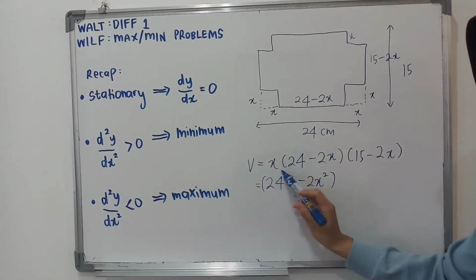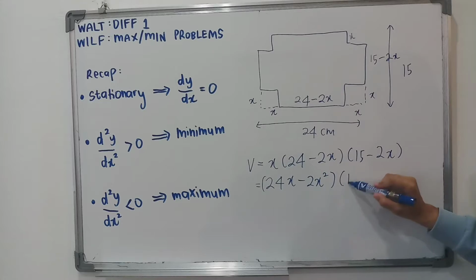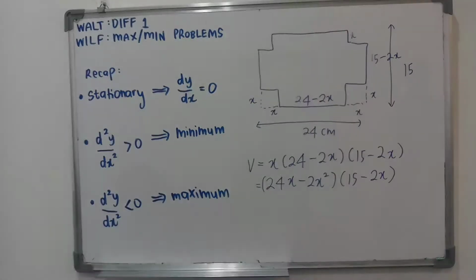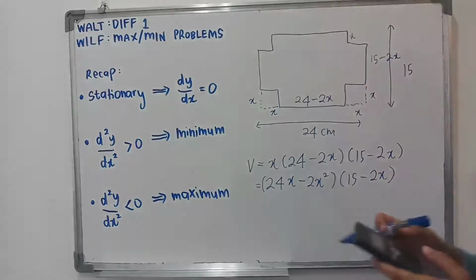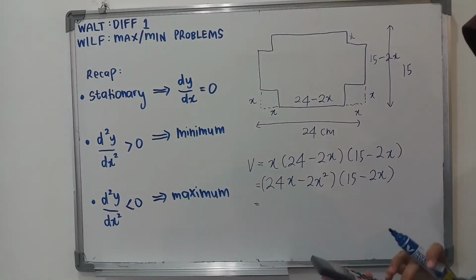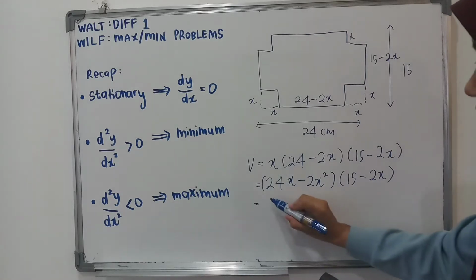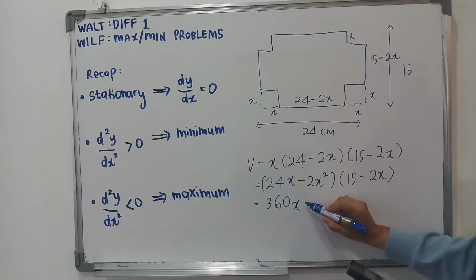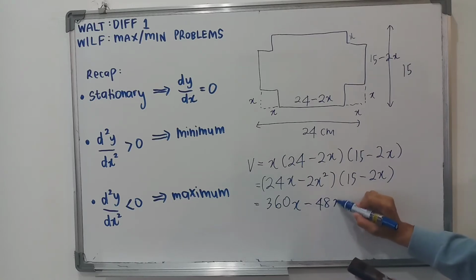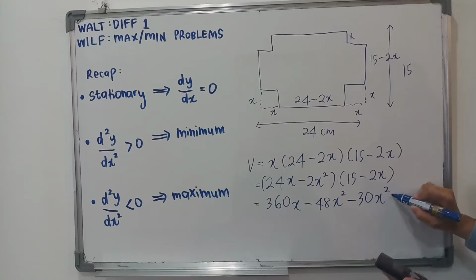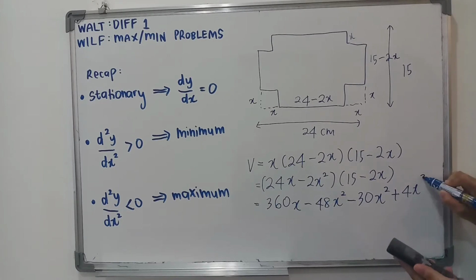I just multiply in the x. And then this is 15 minus 2x. Multiply 24 times 15, you will get 360x. Okay, and then minus 48x squared minus 30x squared plus 4x cubed.